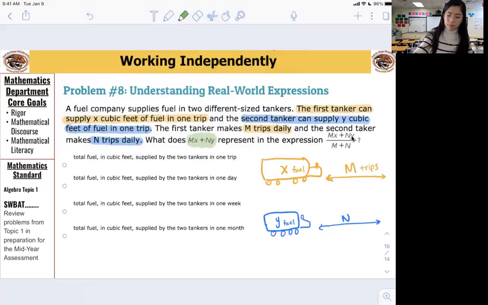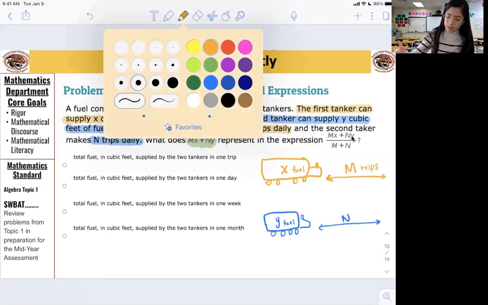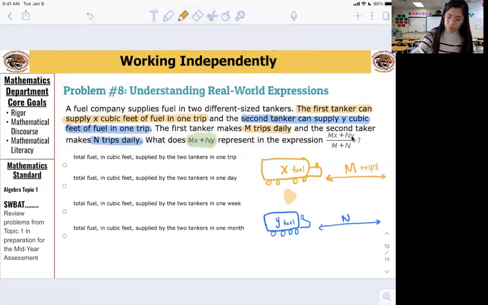So what I'm trying to say is that M times X, when you multiply those two things, is the total amount of fuel that I take in one day.